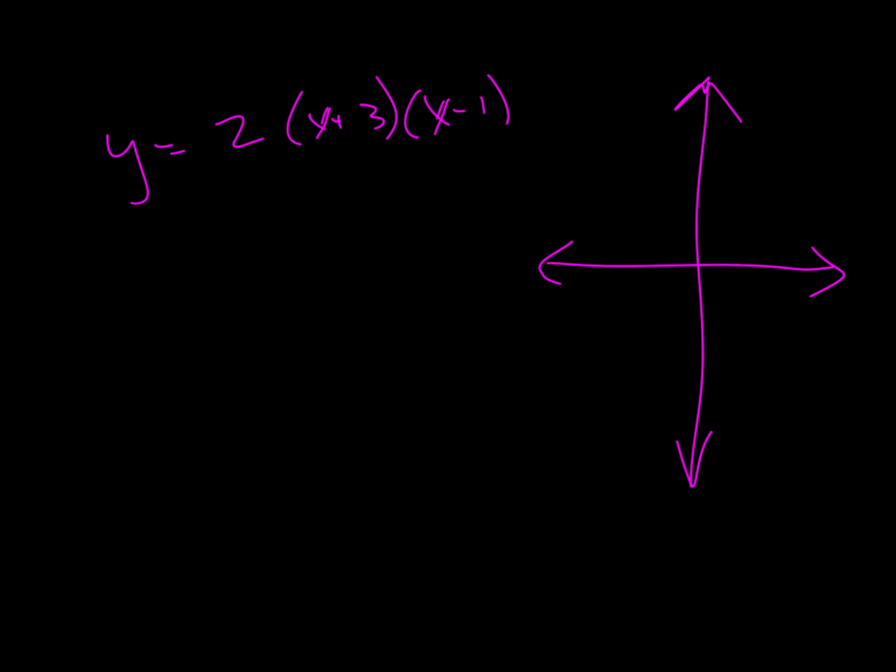What we're going to do is pull out the x-axis intercepts by changing these signs. So we're going to have x equal to negative 3 and positive 1, because this is a positive 3 and a negative 1, we change the signs. And so we know we're going to cross right here, and we know we're going to cross right here. So we just mark dots where we cross.